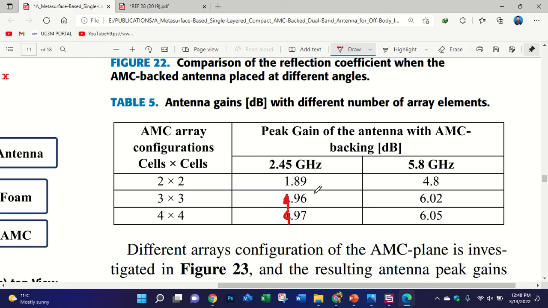Maybe it's mistyping or something. Sometimes it happens. I used 4.96 here, and you see the results are very close to this one. That's why I neglect 4.4 cross 4 and use this one.